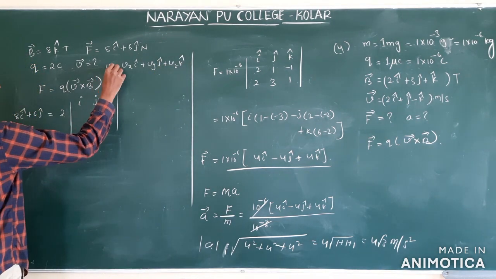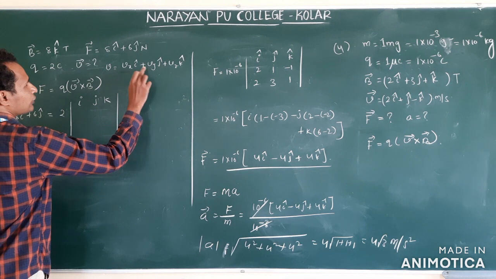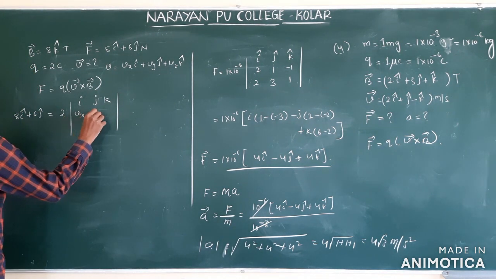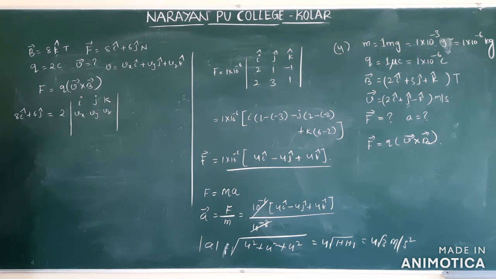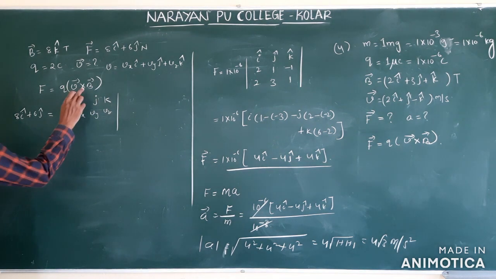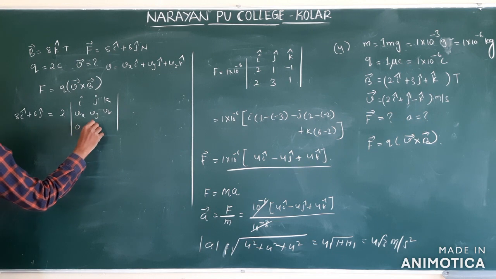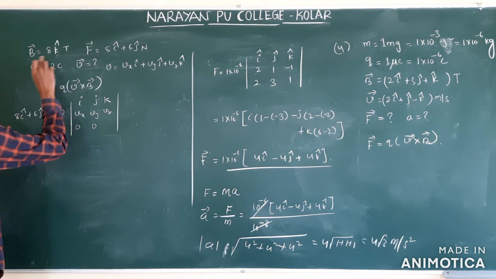We are going to find Vx, Vy, Vz. Now write B. It has only a z component, I mean k component. The i, j are 0, 0, and k is 8.